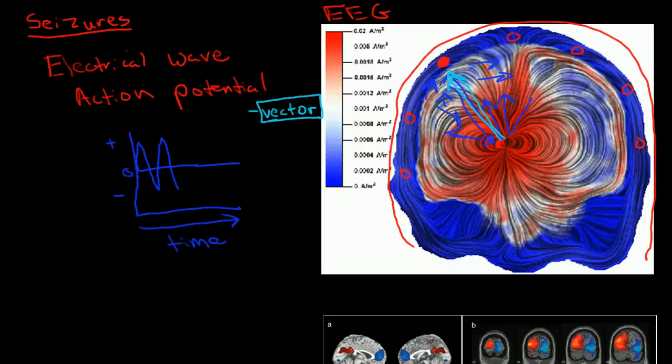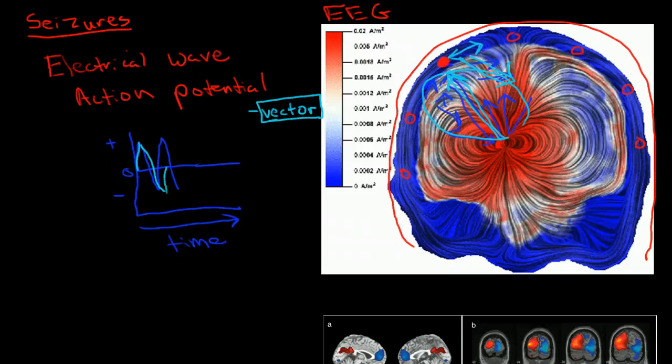So if you take, in any given moment, a whole bunch of all the action potentials that are happening near this electrode, if the vector is pointing towards that electrode, it's going to cause a positive deflection. And if the average is pointing away from that electrode, then it's going to cause a negative deflection. And if the average is neither pointing towards nor away from it, it's going to end up in the middle.